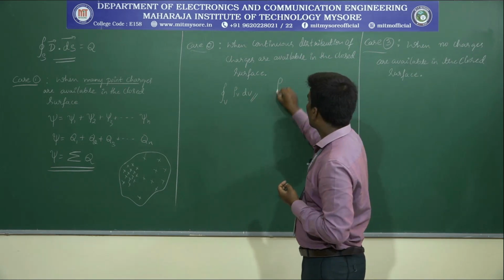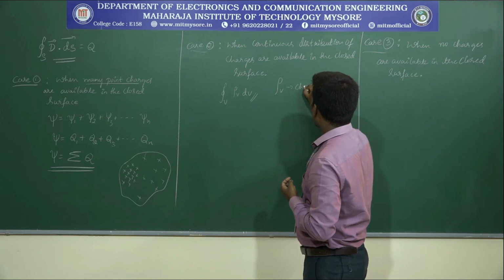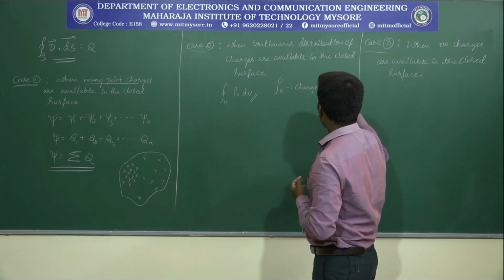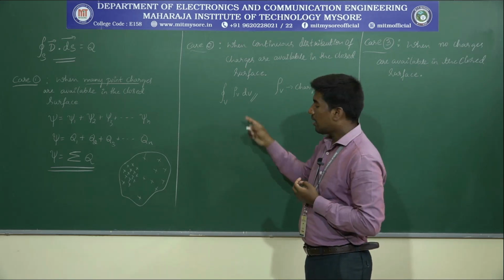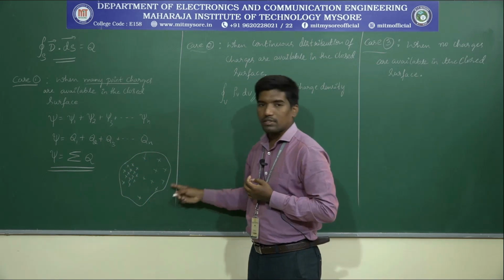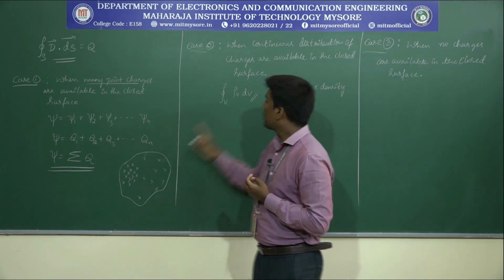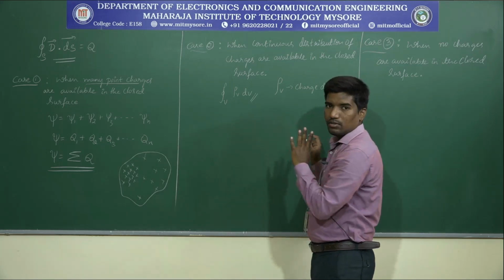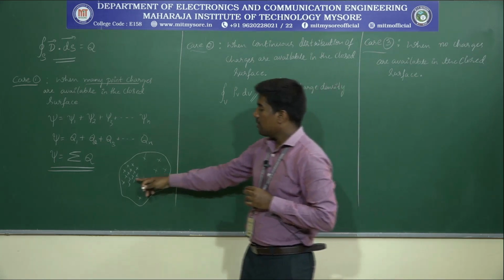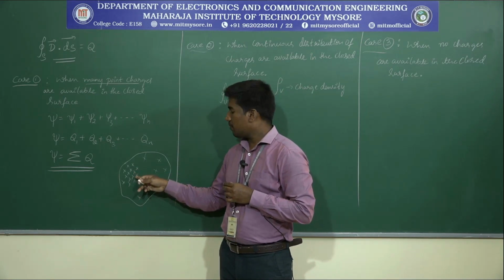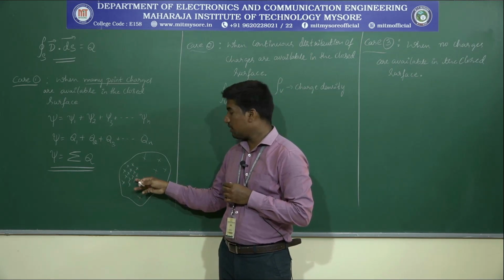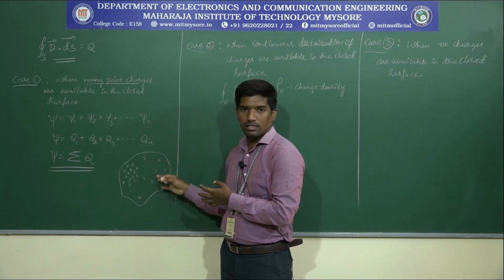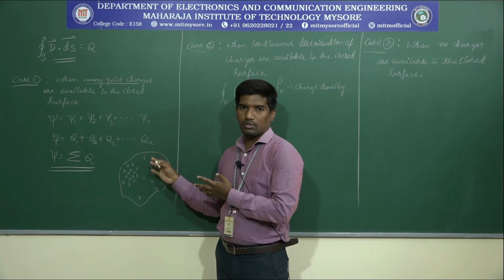Rho v is the charge density, which varies from one point to another within the closed surface area. Why is it continuous? Because there is negligible distance between two point charges; in other words, infinite resolution, an infinite number of charges present within the closed surface.